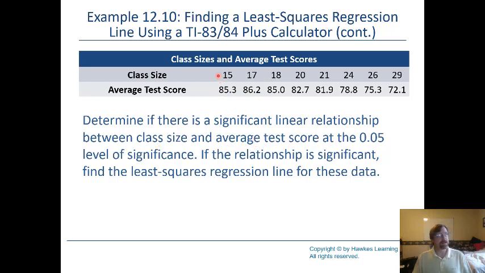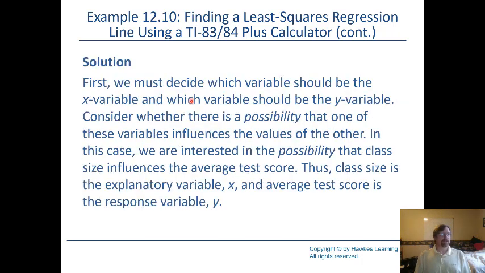I'm thinking that class size is going to be the variable that's affecting things, and test score is the response variable. If the relationship is significant, we want to find the least squares regression line for that relationship. So, is there a possibility that test score would influence class size?